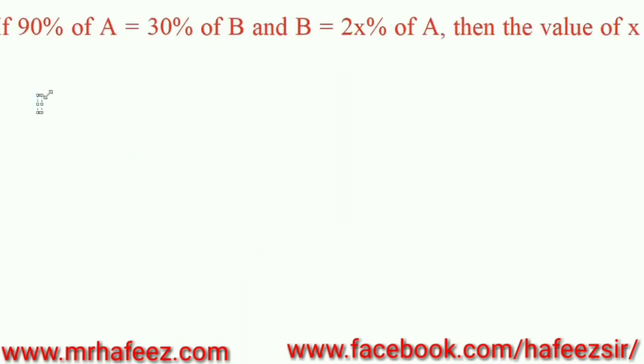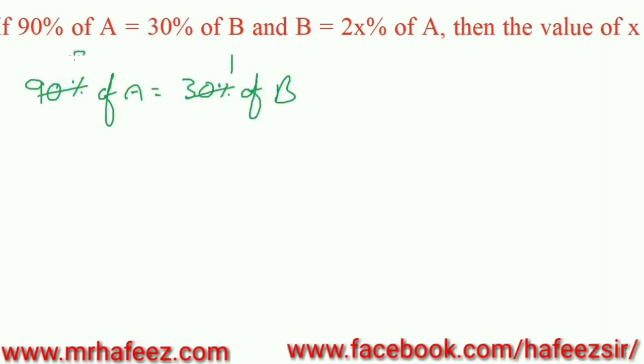90% of A equals 30% of B. So 90% of A equals 30% of B. So 3 ones 3, 30 times 3 is 90.